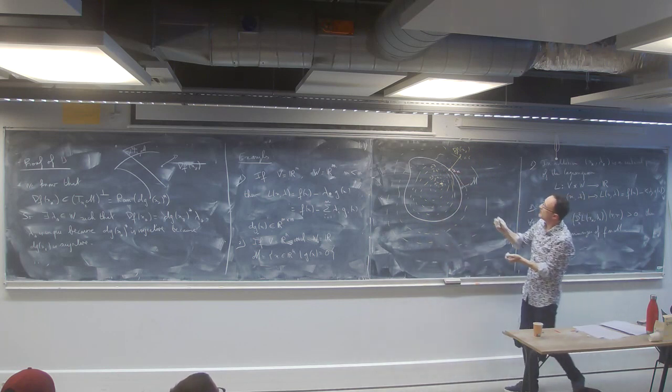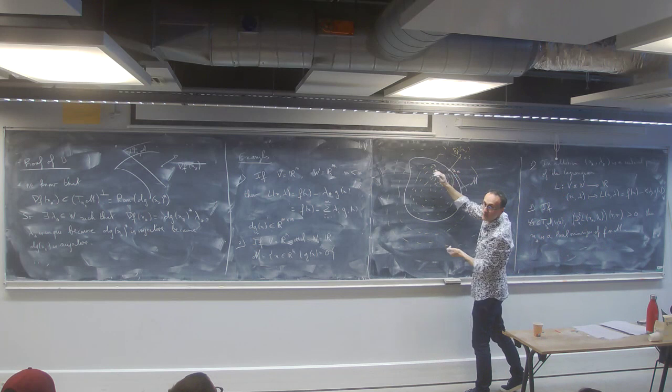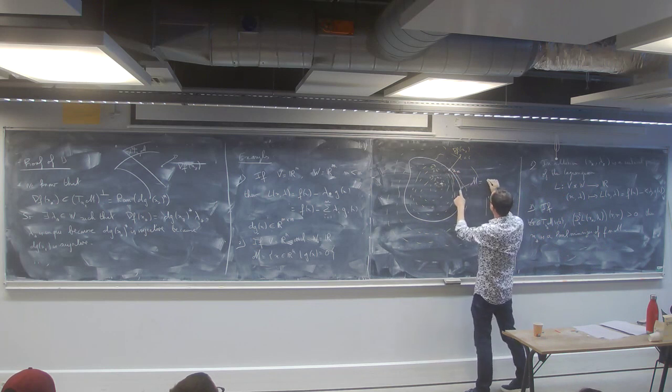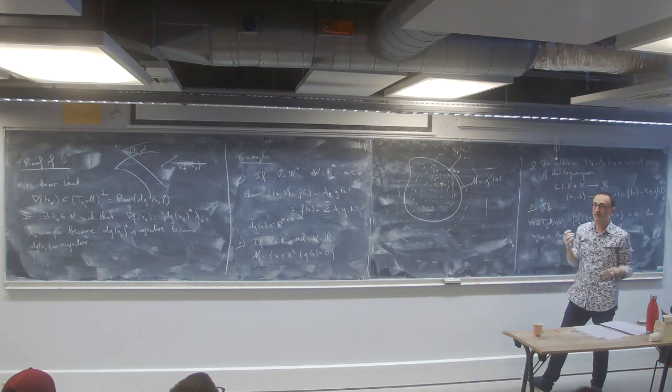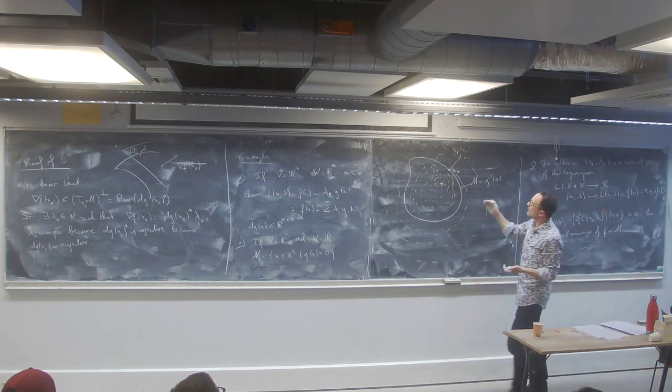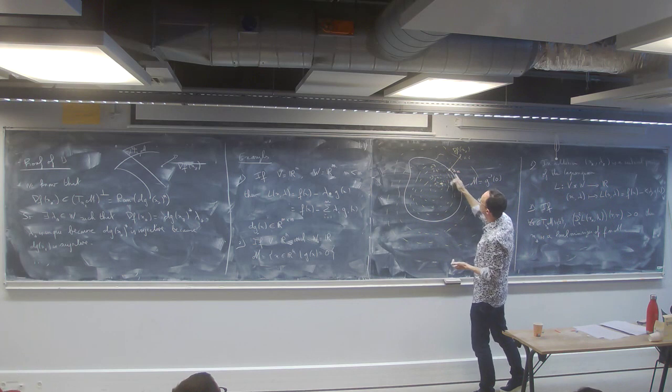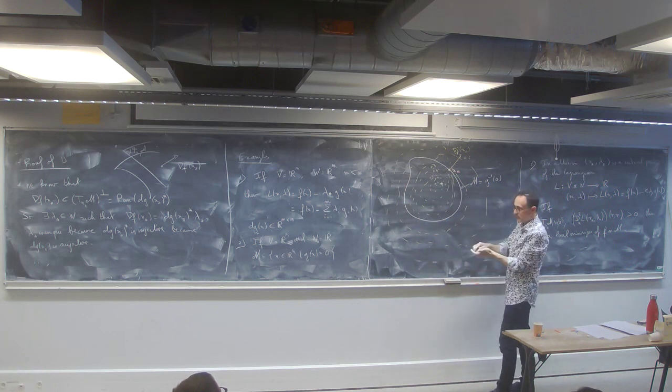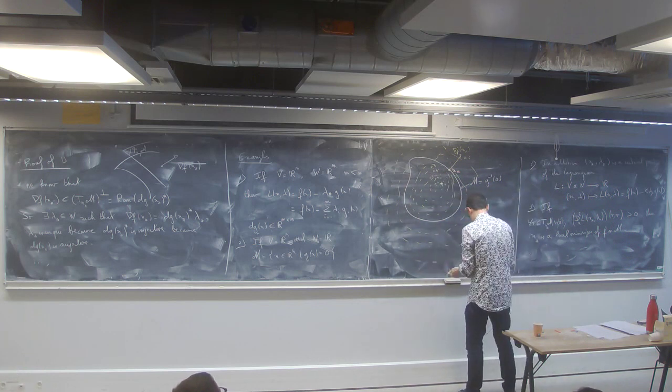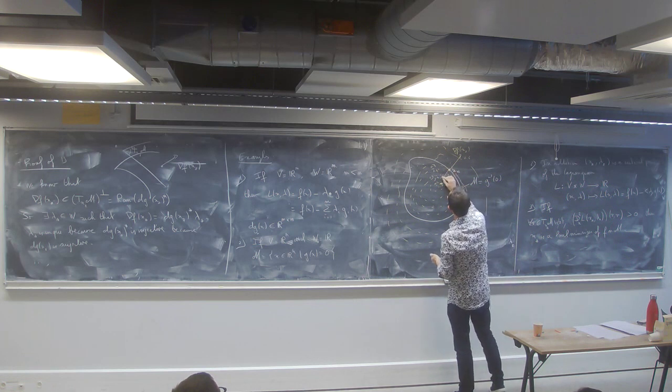But then you can see as well that the gradient of G, because M is G to the minus 1 of 0, so it's also a level set, okay? So the gradient of G has to be orthogonal to this line. So the gradient is perhaps like that.